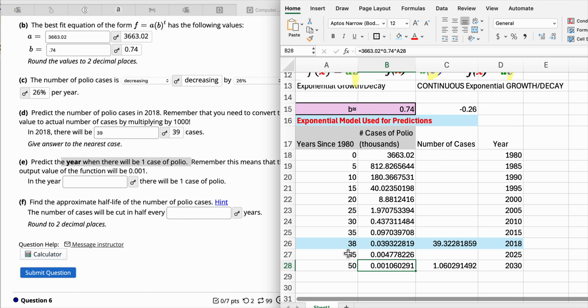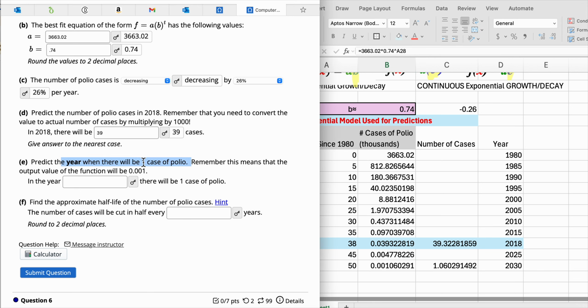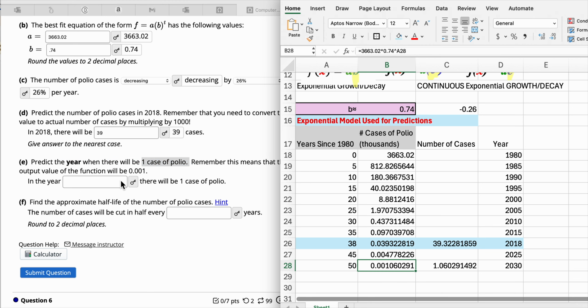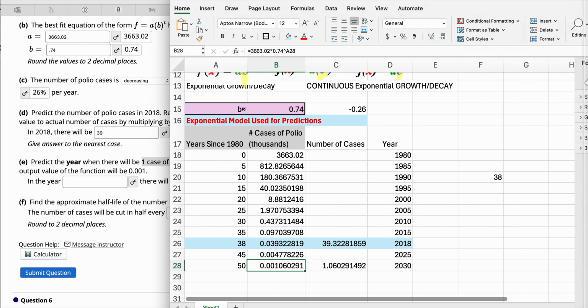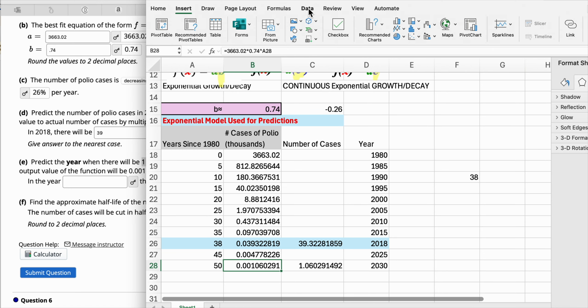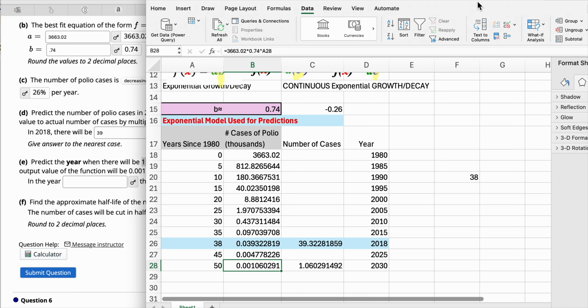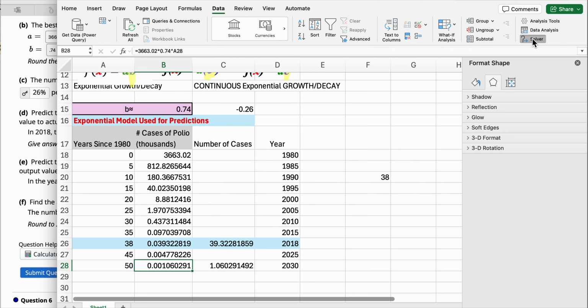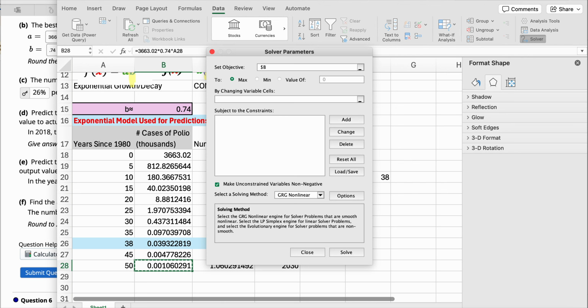My input is the number of years since 1980, my output is the number of cases. So if I want to force the number of cases, which is my output, to equal 1, I'm going to come right here. That would be an output value of 0.001. All right, so when I'm given an output, I use Solver to solve for the input. So I'm going to go to Data, Solver, and I want to set my objective.